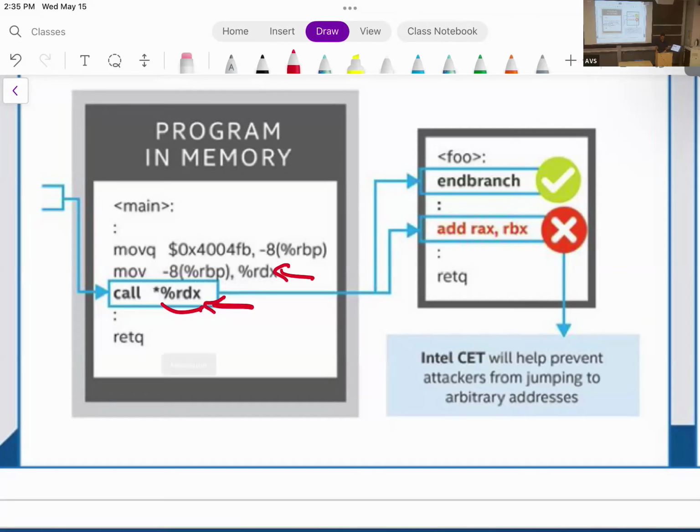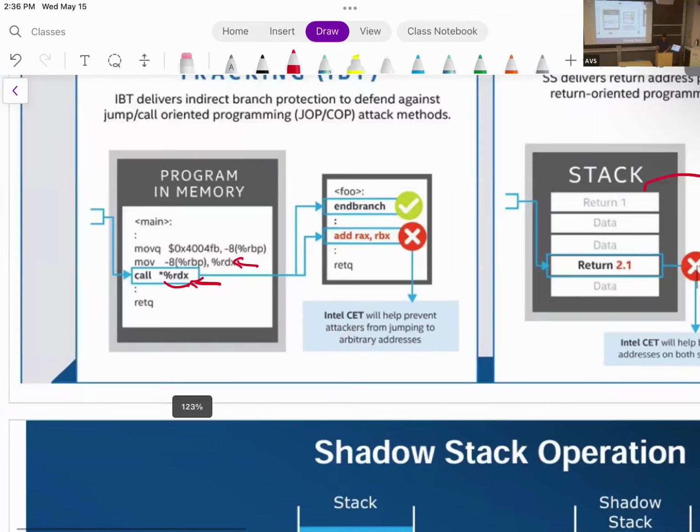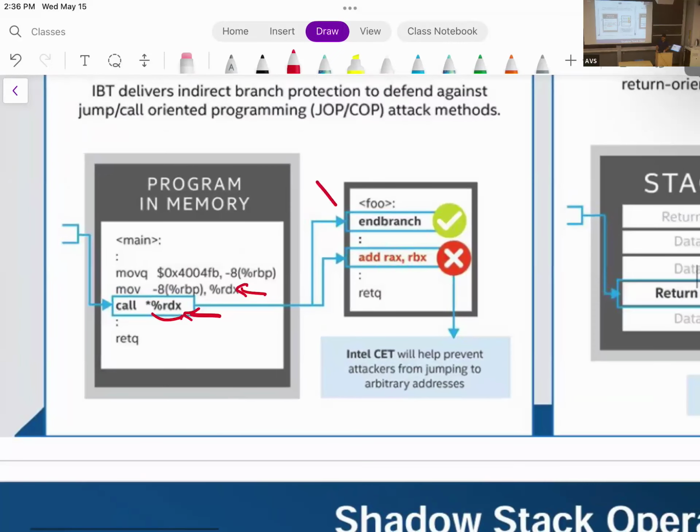The idea that CET uses is an additional instruction called endbranch. Endbranch essentially just marks the possible places that a jump can jump into. In other words, if there is an indirect branch, the processor does not allow you to jump into arbitrary locations in the code. It only allows you to jump to these endbranch instructions.